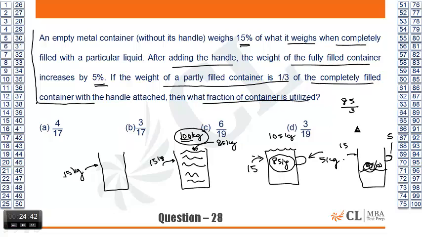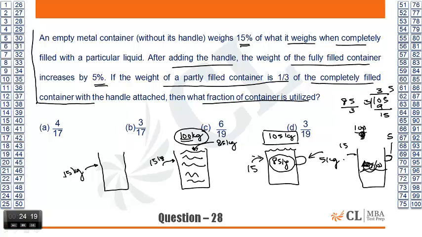So the weight has become 100 by 3. Weight of the partially filled container, 1/3 the completely filled container with the handle attached. Handle attached. 105. So the weight will be 105 divided by 3. No? 105 divided by 3, that is 3 3s are 9, 15, 5.